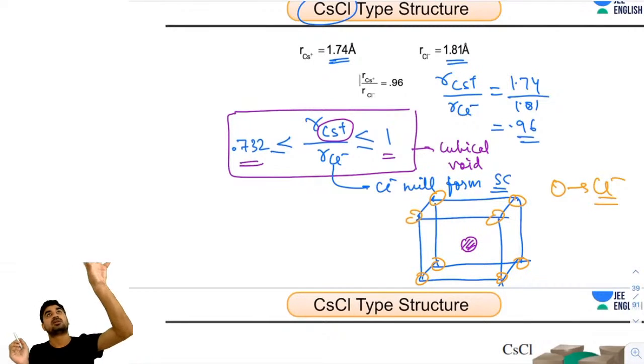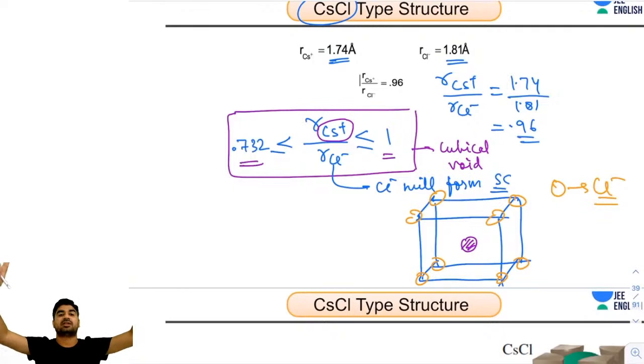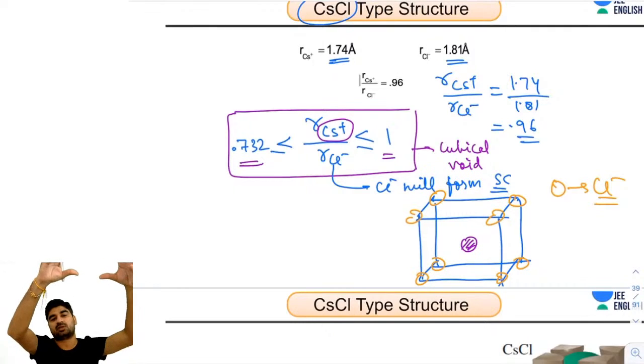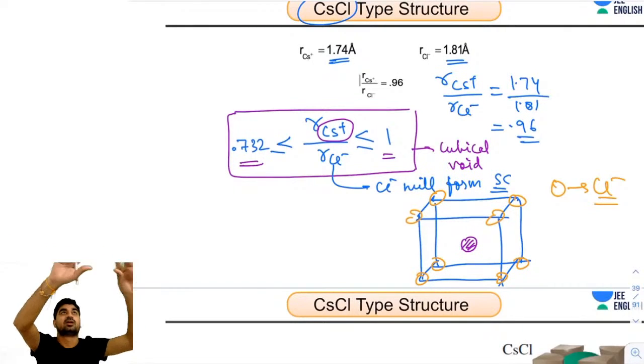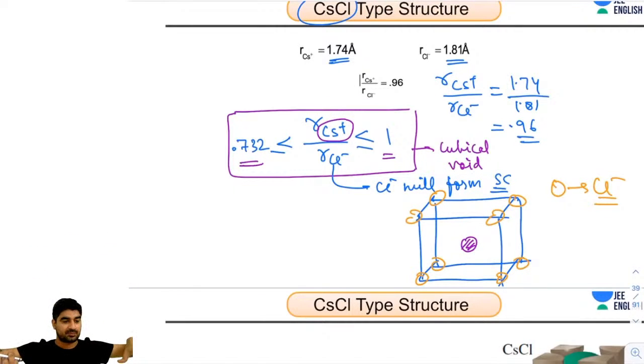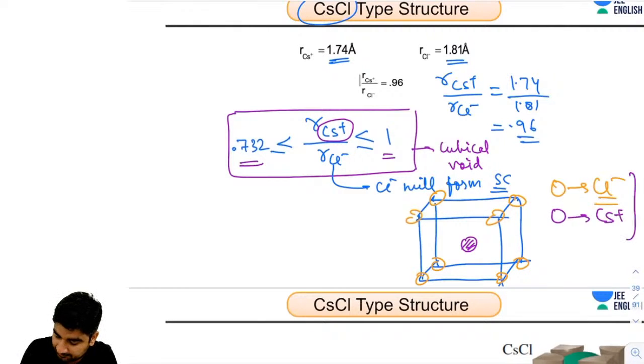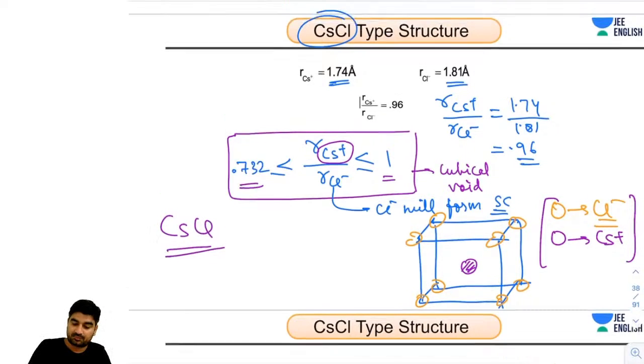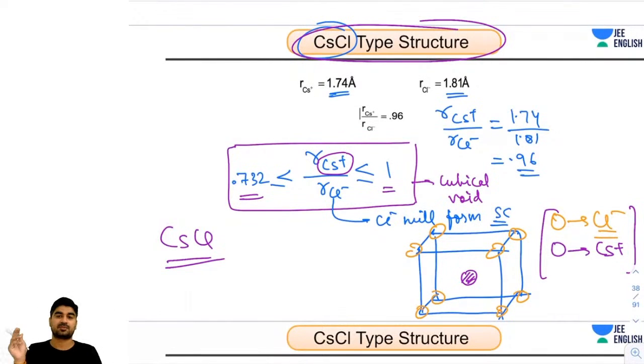Like in whatever room you are sitting, just assume a point at the middle of the room in the air, and there would be 4 atoms touching it above and 4 atoms touching it below, right? So I will call this chloride, and this one is cesium plus. So cesium chloride type structure is there.